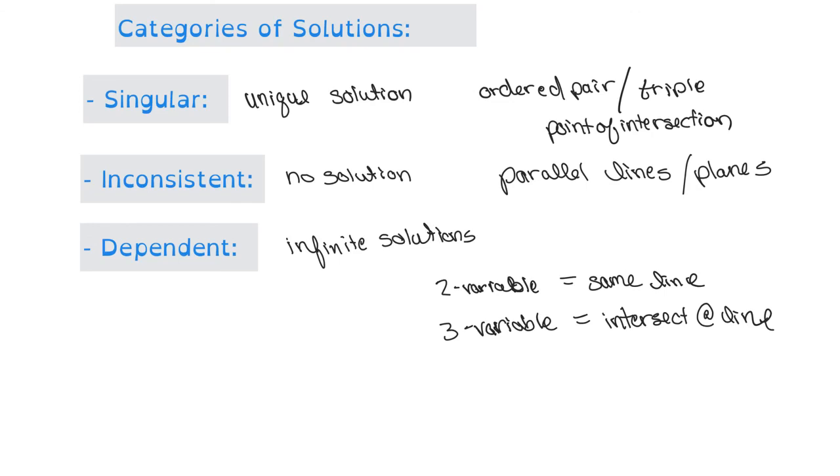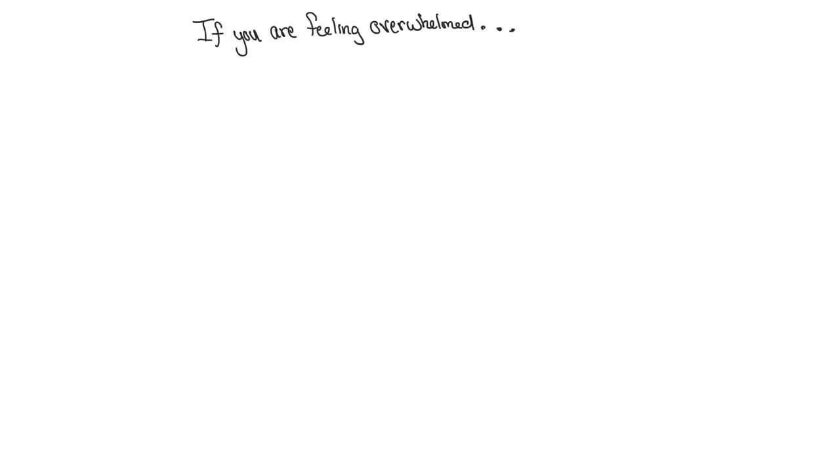Okay, if you started out feeling really good about the system and you're like, oh, this two-variable stuff, yeah, I remember how to do that, that's great. And that is really our ultimate goal, being able to do elimination and substitution with two-variable systems. But if you're feeling overwhelmed by the whole idea of three variables, we're going to practice it once, just to give you an idea and an appreciation for what happens.